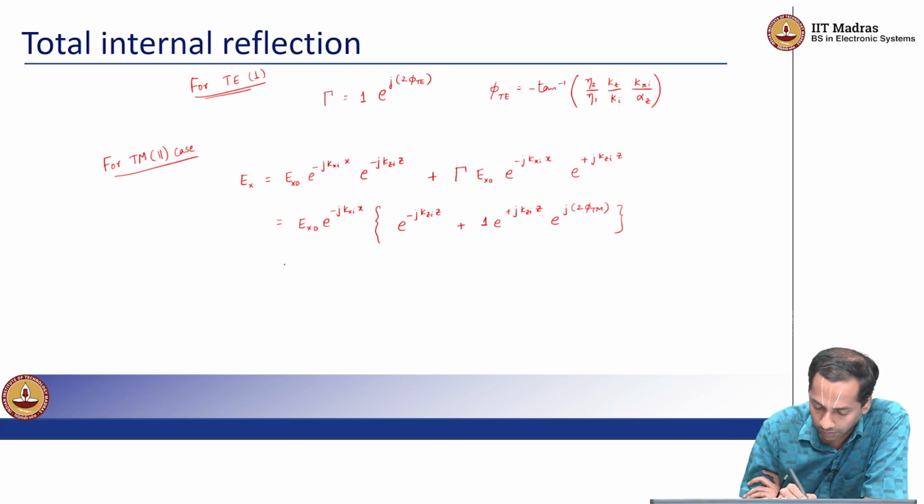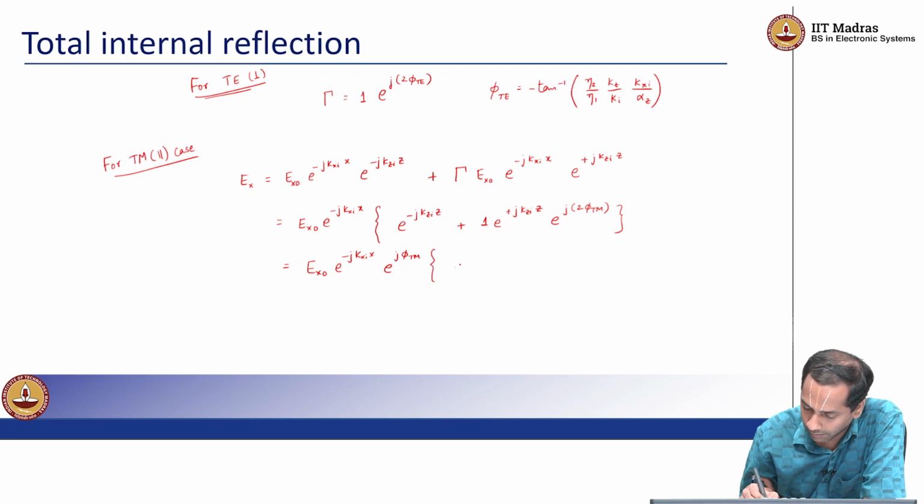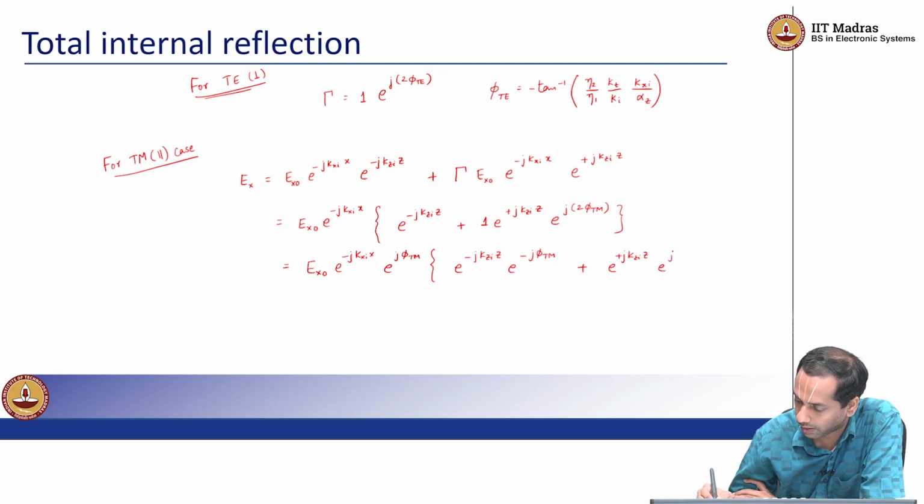Okay, so we are going to take e to the j phi tm out: e to the minus j kzi z e to the minus j phi tm plus e to the plus j kzi z e to the j phi tm.